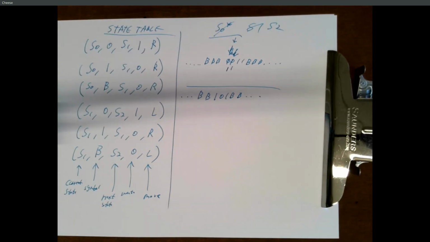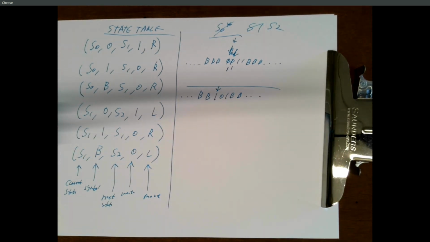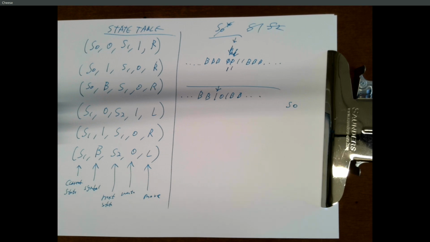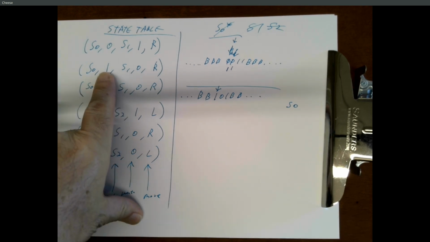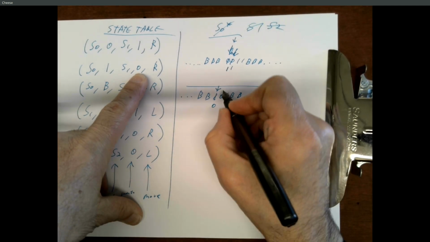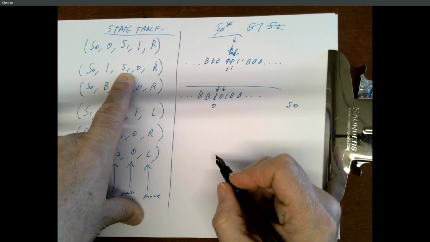All right, suppose our tape started off with a bunch of blanks and then a 101 in the middle, and we were sitting on top of that 1 to begin with. Okay, we're in state S0. So we want the rule for S0 comma 1, that's this rule right here. It says replace that with a 0, move to the right, and go to state S1.